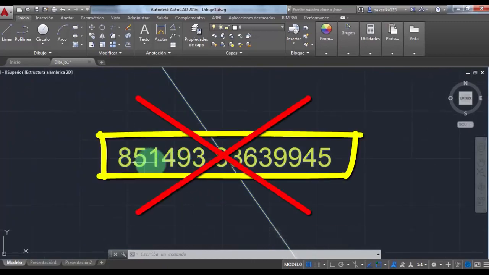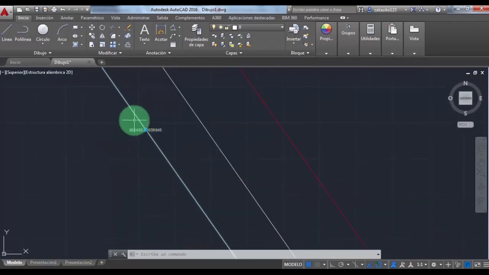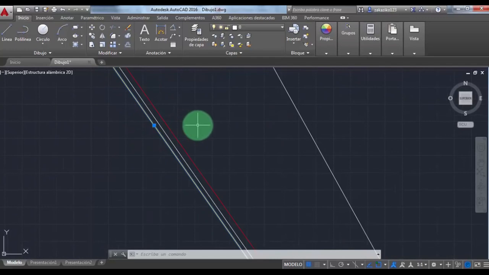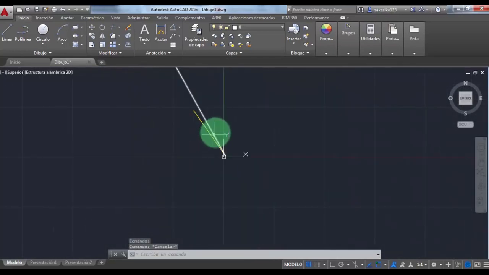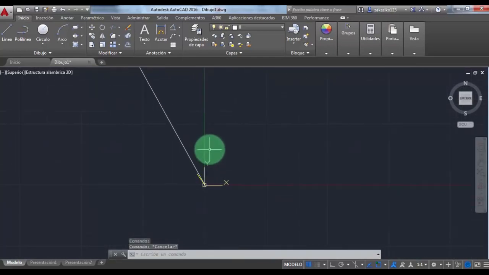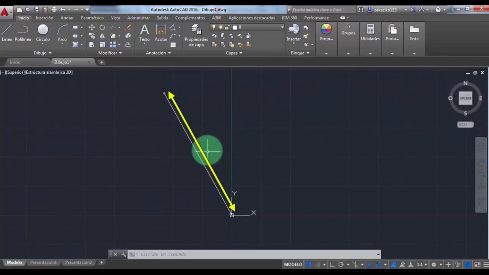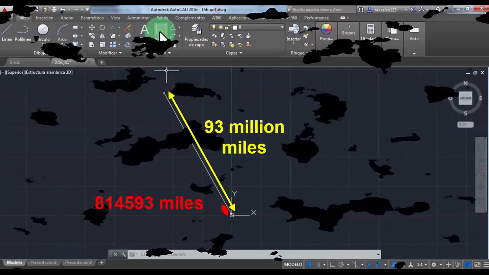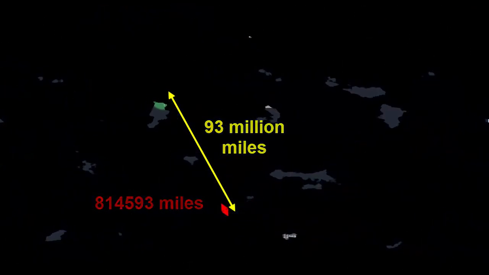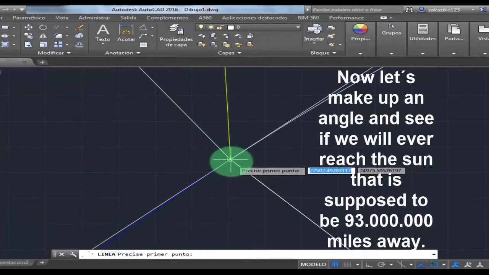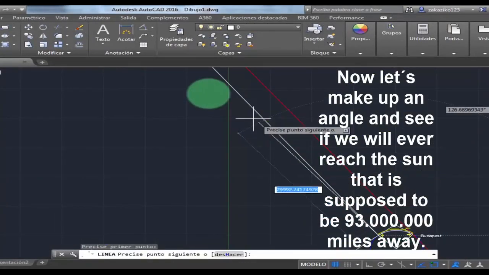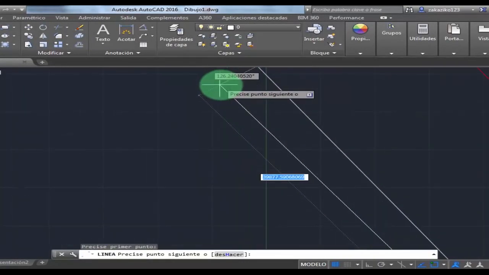It's not even a million miles. Now I'm going to zoom out to make you see the difference between these two distances. See that? Now let's make another angle and see if it will ever reach the sun that is supposed to be 93 million miles away.